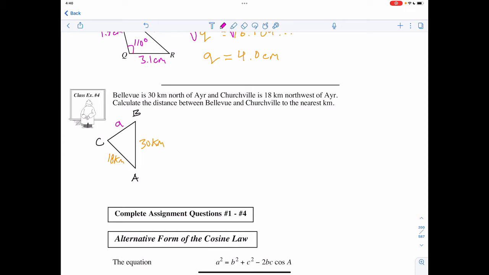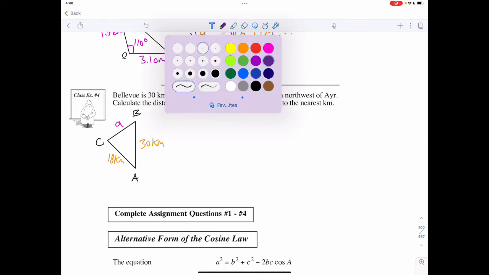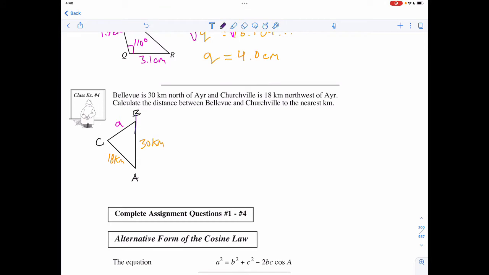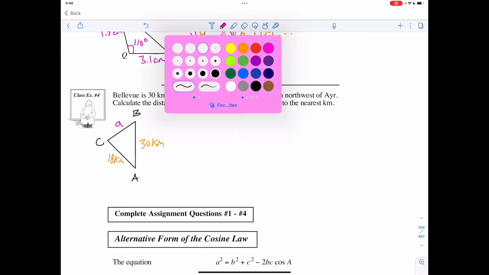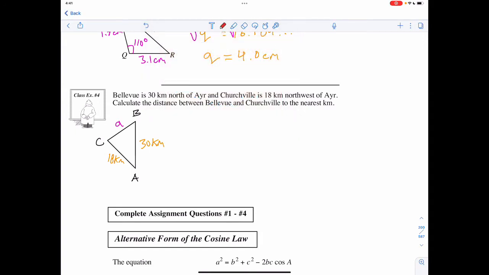Now, some people approach this problem and say, well, it didn't give us any angles. This is one of the few cases where there is a certain amount of presumed knowledge that you have. One of the pieces of presumed knowledge is knowing that on a compass, north is going straight up.